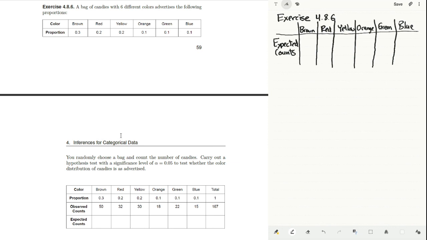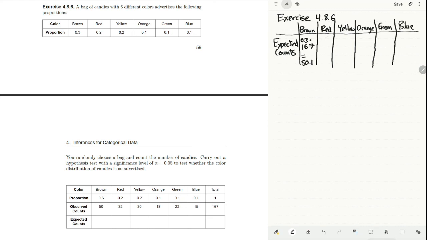So to find the expected counts, we take the sample size, which is 167, and then multiply it by the predicted proportions. So for the brown candies, we will take 0.3 and multiply it by 167, which gives us 50.1.